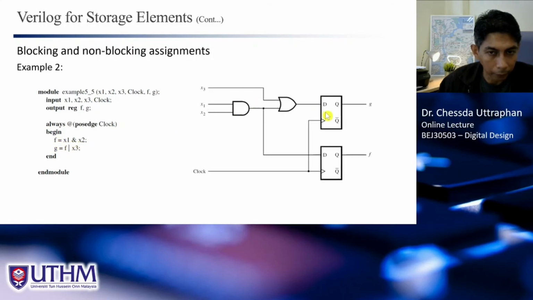So you may end up with this circuit, where F here, and this is actually F, because F is X1 and X2. So this is F, and you have F, and this is F, and you also have X3. This one is X3, and you have G. So if you use blocking assignment, you will get this circuit.